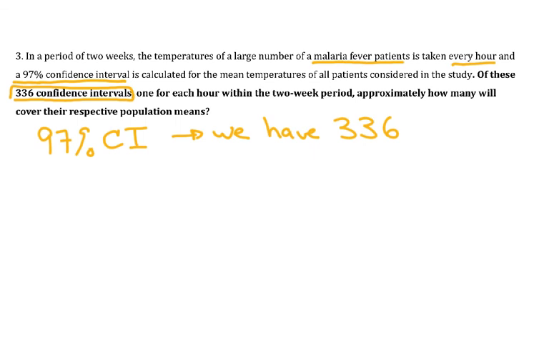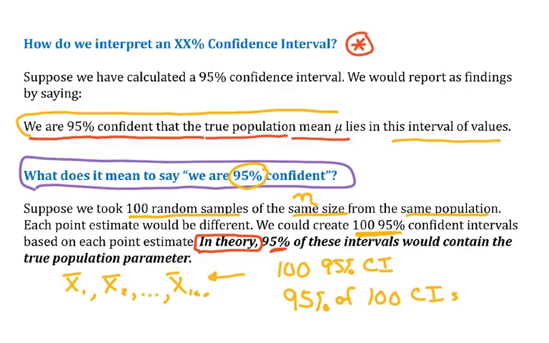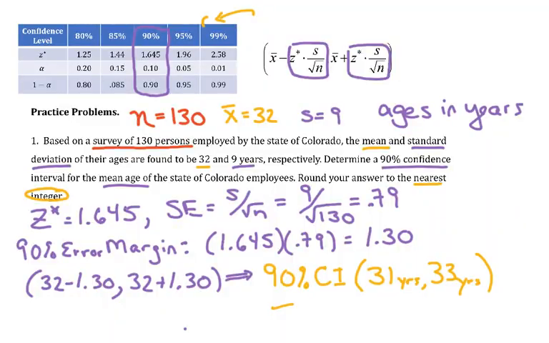So here's the question. Of these 336 confidence intervals, how many approximately, or in theory, will actually contain the true population mean? Well, this goes back to what I said way at the beginning. In theory, XX% of these intervals would contain the true population parameter.